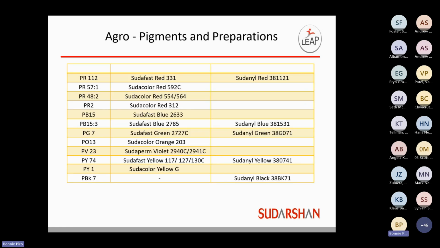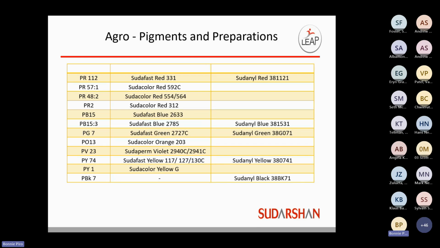So some of the examples of the types of pigments that are used for agricultural, they span the full color palette, depending on the specific color need and application area.